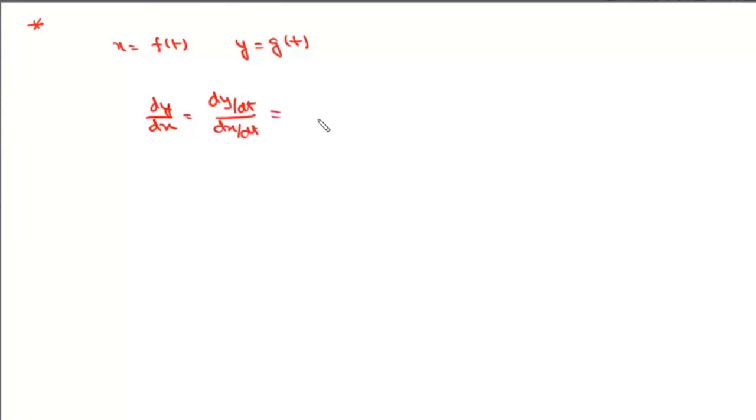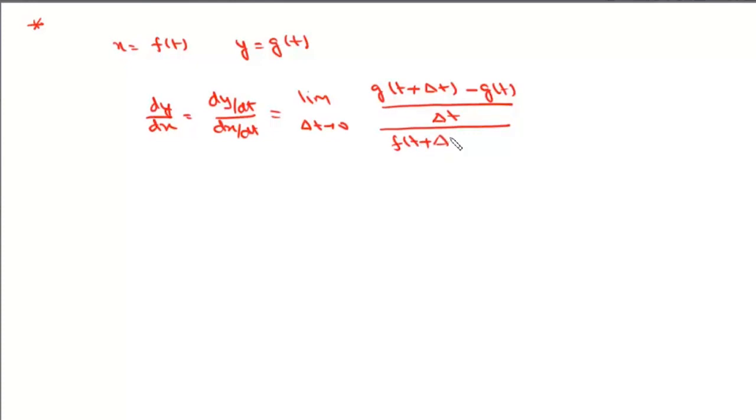Now to check for the differentiability of dy by dx, we have to check differentiability of these individual parts, and we can write this as this limit delta t tends to 0, and it will be g(t plus delta t) minus g(t) upon delta t divided by dx upon dt, which is f(t plus delta t) minus f(t) upon delta t.